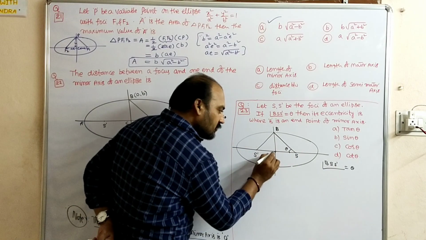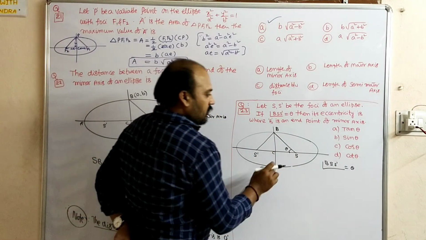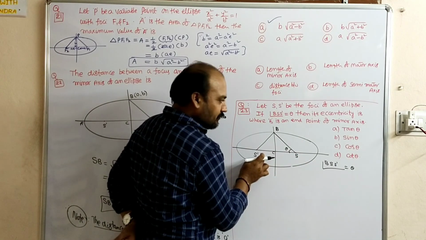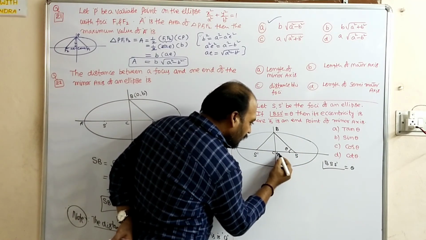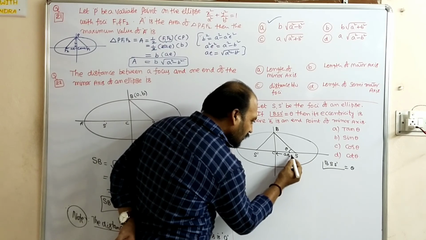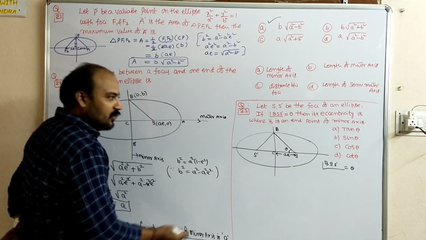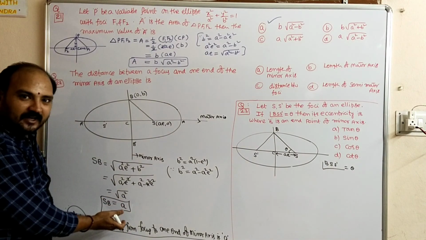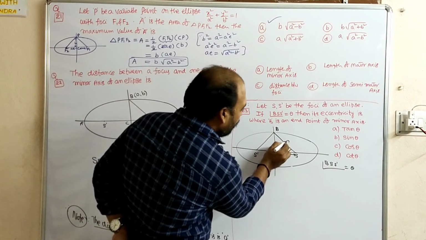This is the center. From here to here, the distance we know is AE. SB distance also, just now we calculated, SB is equal to A. So from here to here.